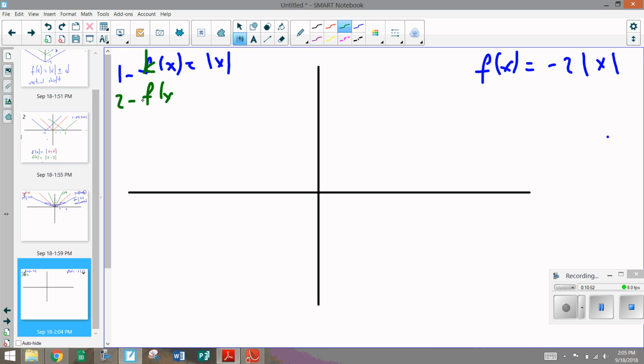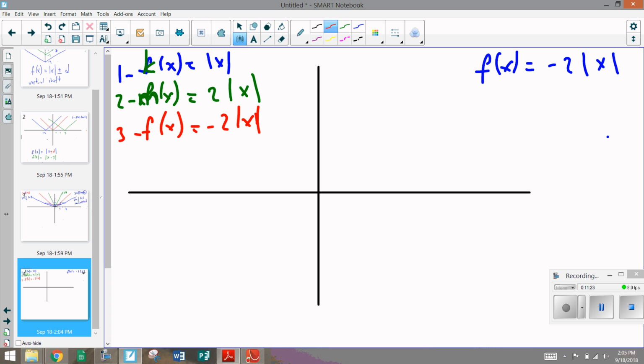Those are details. Just need to focus on, first, I have to draw the parent function. Then I'm going to draw this one where the coefficient is 2. And then finally, I will draw f of x is equal to -2 absolute value of x.